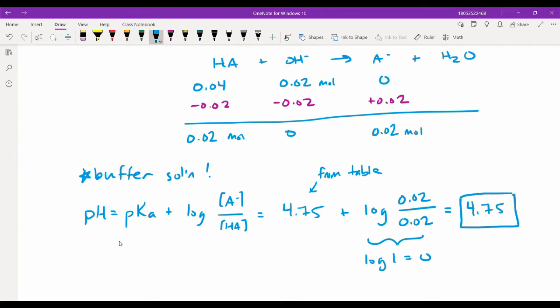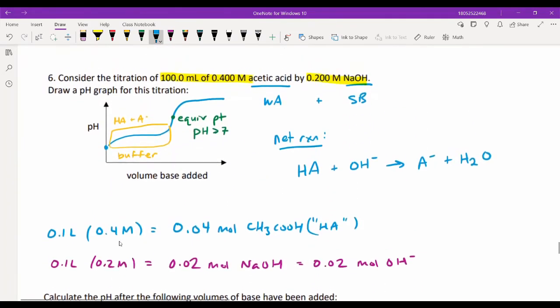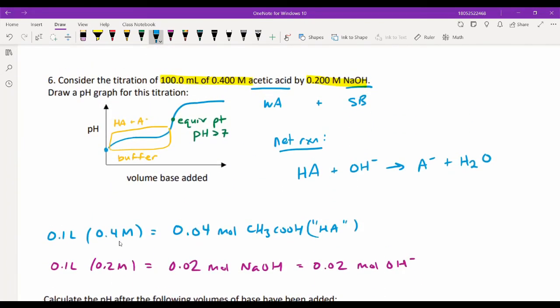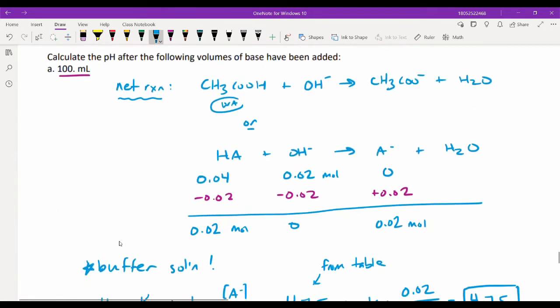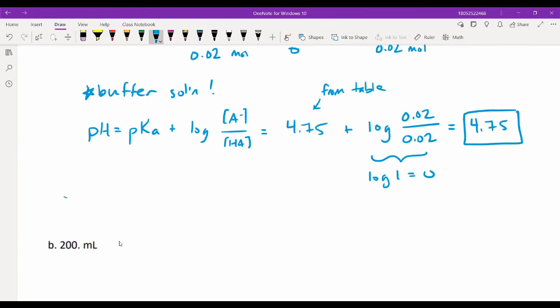Okay, so I'll point this out up here. Again, we're basically right here in part A. We're actually halfway to the equivalence point, right in the middle of the buffer region. And this specific point is called the half equivalence point. Half equivalence point, pH equals pKa.